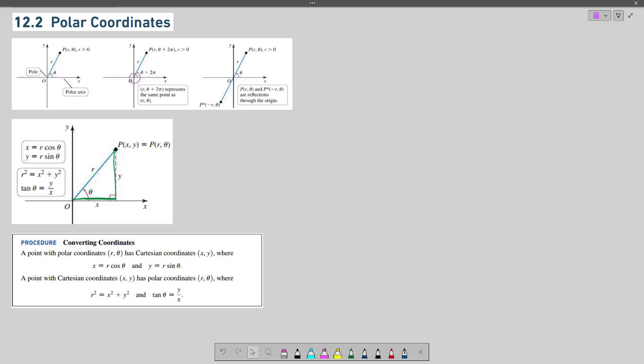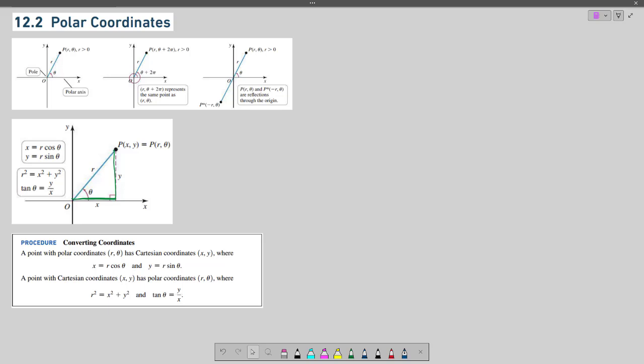If r is negative, which it can be in polar, it means you go 180 degrees in the other direction. So if theta is pi over 3 and r is negative 2, you end up down here. You go down that terminal ray into the opposite quadrant, whatever the distance r is. We call r a radial value as opposed to the radius, because it can be negative in polar.